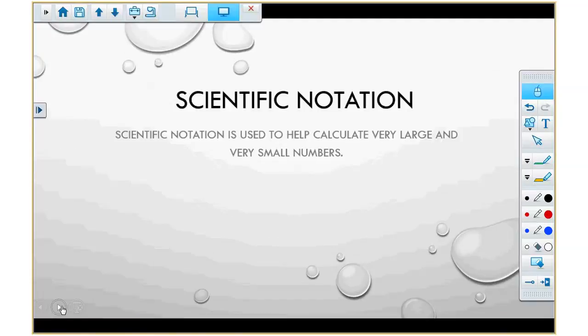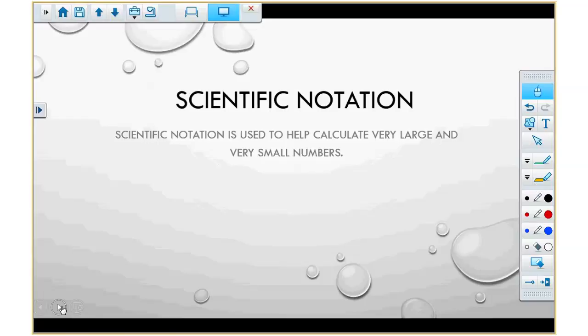Now, if I was to ask y'all what the definition of scientific notation was, what would you tell me? Anybody got a definition? Yep. In any of the sciences, especially biology and chemistry, you're gonna learn how to do it. Scientific notation.